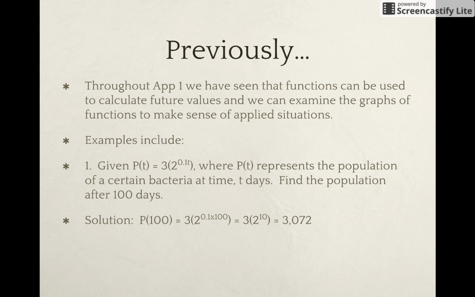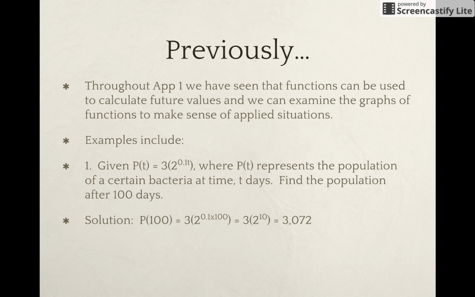Given the function p of t, which is equal to 3 times 2 raised to the 1/10 t, where p of t represents the population of a certain bacteria at time t given in days, we want to find the population after 100 days.